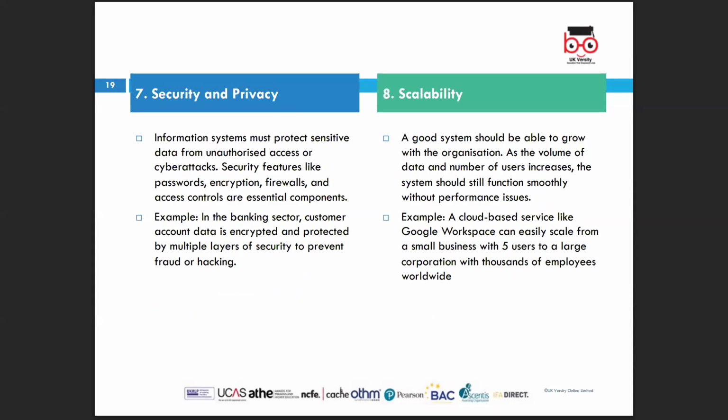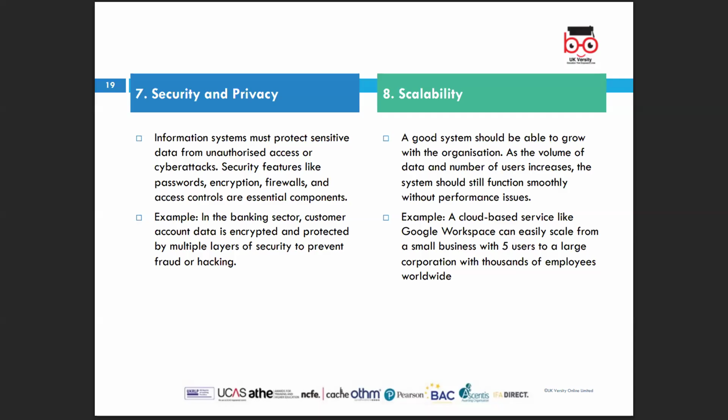We also have security and privacy, where information must protect sensitive data from unauthorized access or cyber attacks. Security features like password encryption, firewalls, and access controls are essential components.